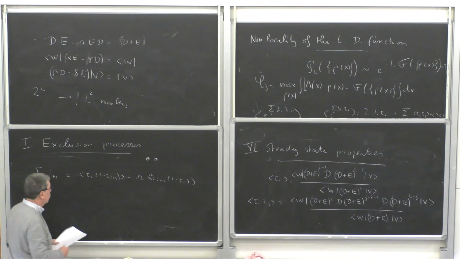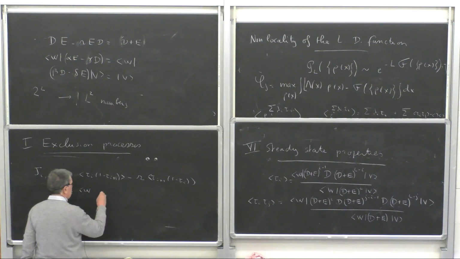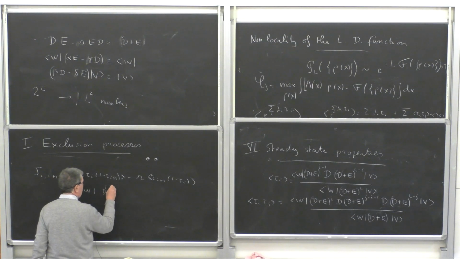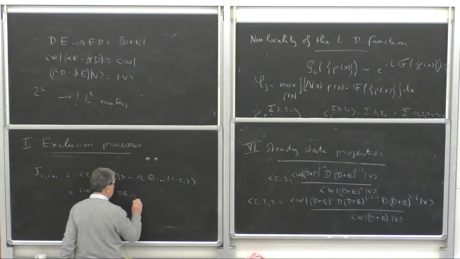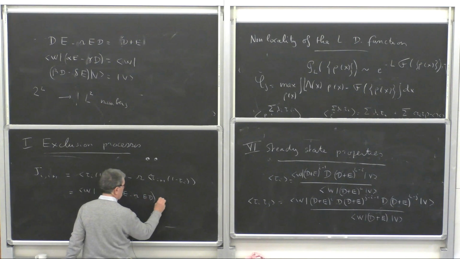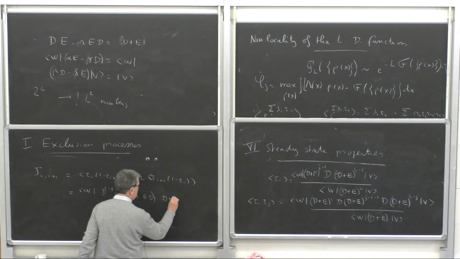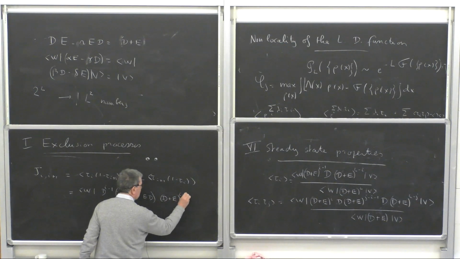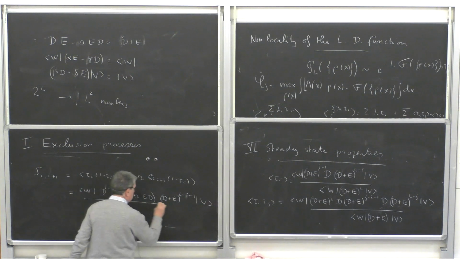So the formula would be W, then I have D plus E to the I minus 1, DE minus RED, times D plus E to the L minus I plus 1, over V. So I can compute the current.